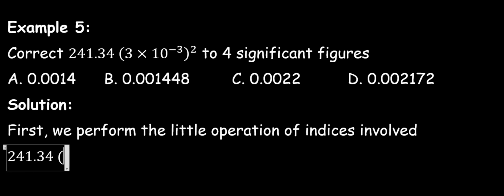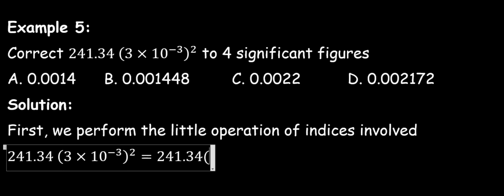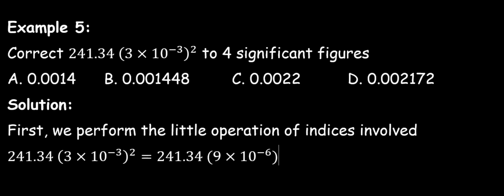241.34 bracket open 3 times 10 raised to power minus 3 bracket close raised to power 2 is equal to 241.34 into bracket open 9 times 10 raised to power minus 6. What we have just done here is we multiply what is in the bracket, we raise them all to power 2.